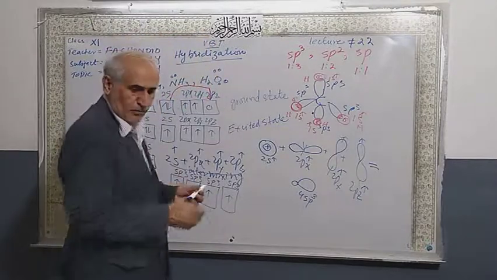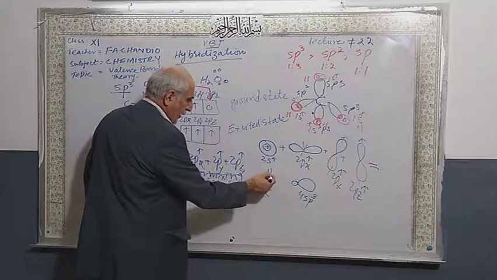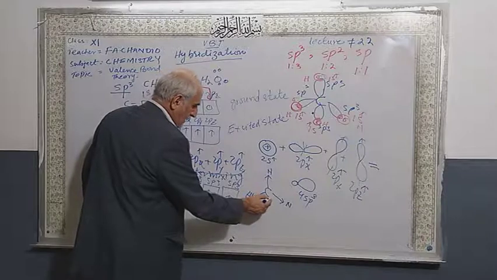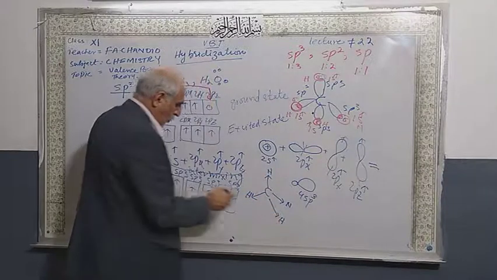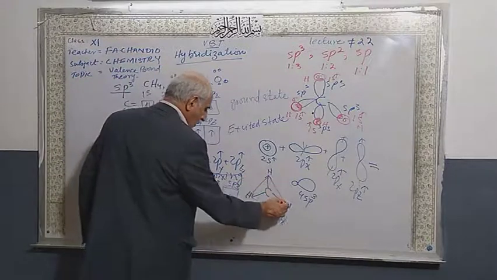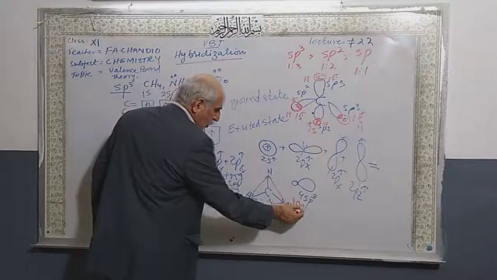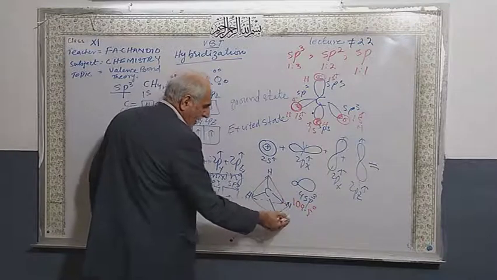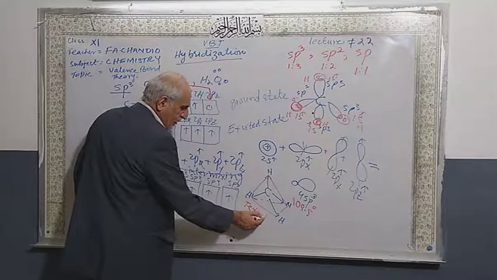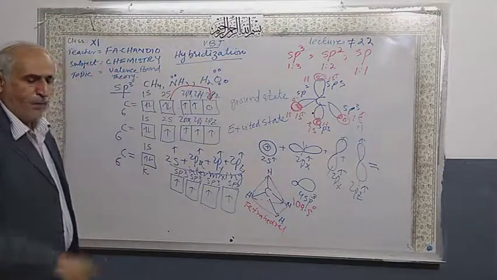If you draw it like this: first hydrogen, second hydrogen, third hydrogen, fourth hydrogen, at four corners, four valencies. The bond angle is 109.5 degrees, and the name of this shape is regular tetrahedral. Regular tetrahedral shape of methane.